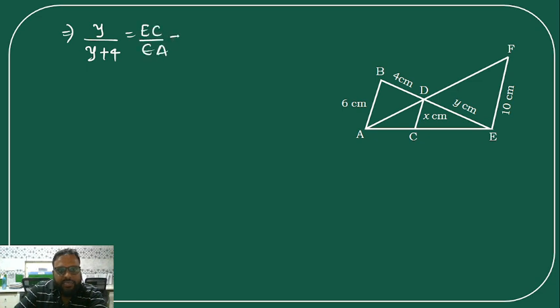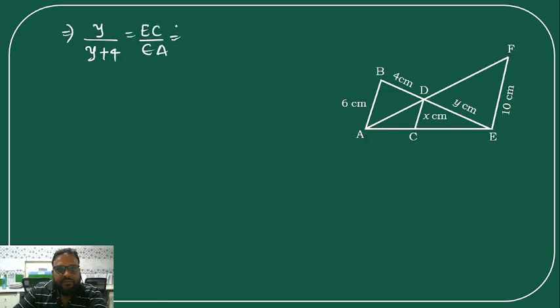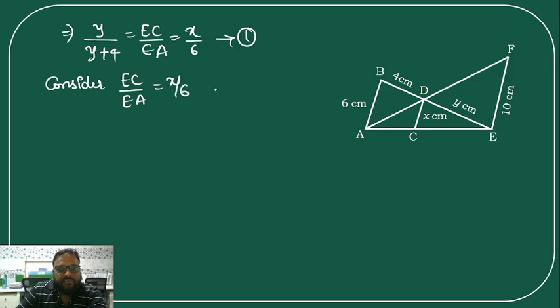EC by EA is equal to DC by BA. DC is X, so X by 6. Let us consider this as equation 1. From here I will take EC by EA is equal to X by 6 as equation 2.